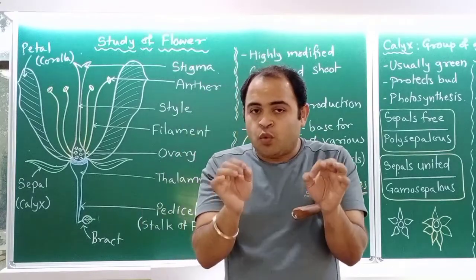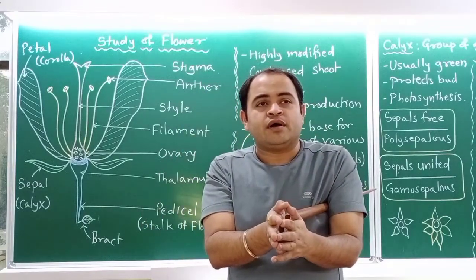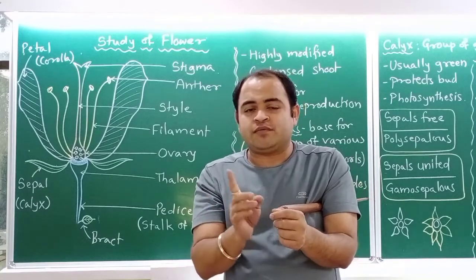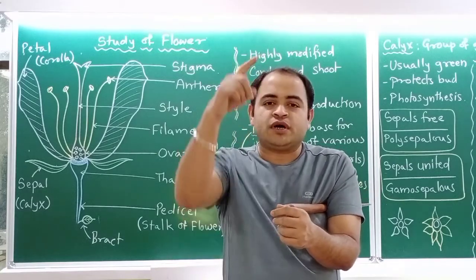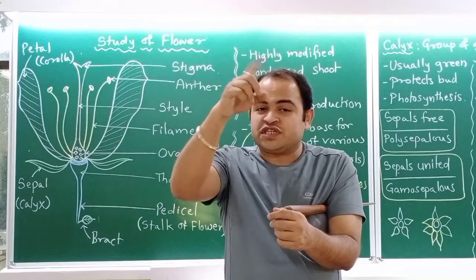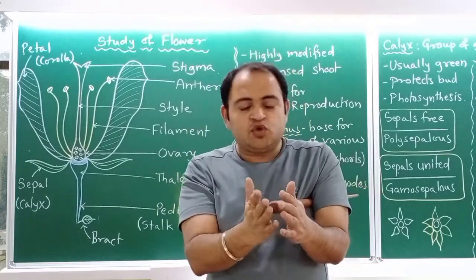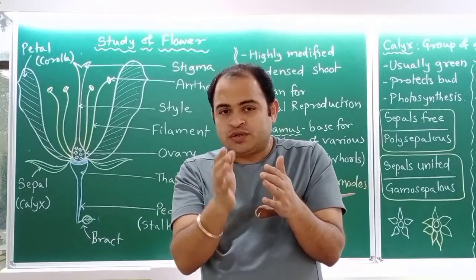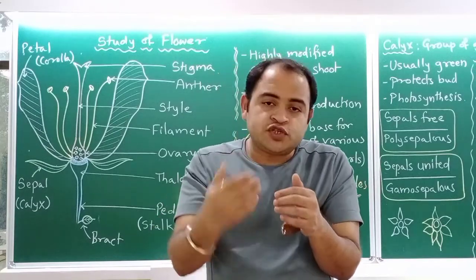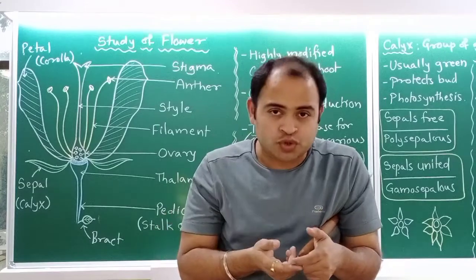This filament shows some support to the anther lobe which is present at the tip. So this particular structure is also a modified shoot.